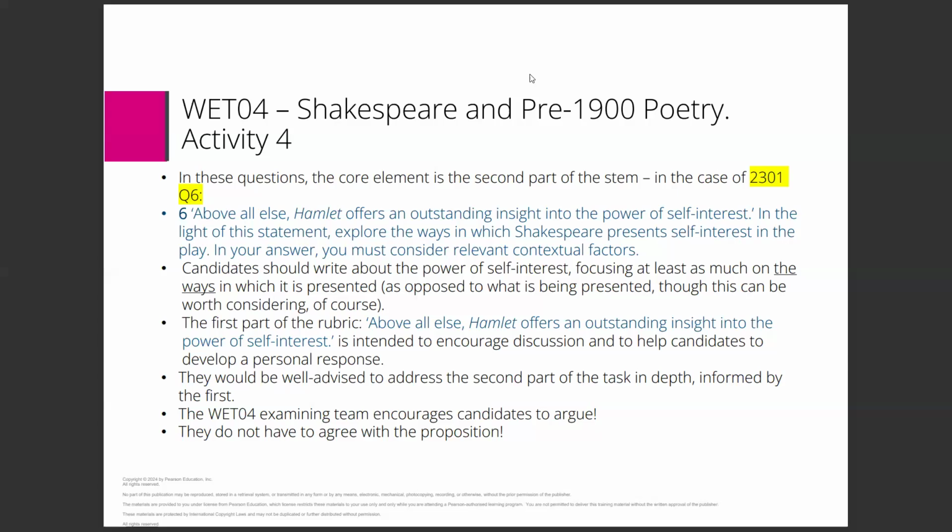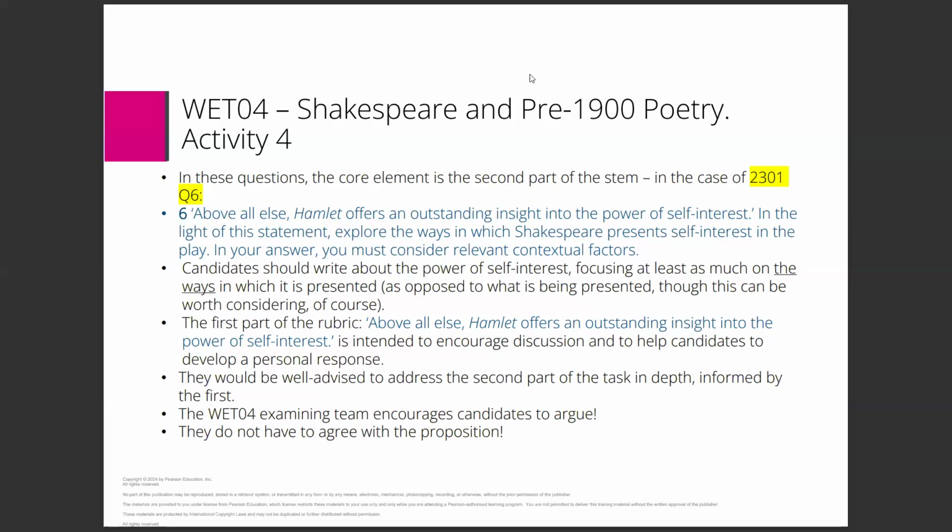And looking at yet another example, we're thinking about the stems and how the stems can work. The point is that the quote or the prompt is there to guide them, either to send them in a certain critical direction or invite them to challenge a certain critical standpoint. But they must remember that the stem, the second part, is the key of the question, the explore the ways element.